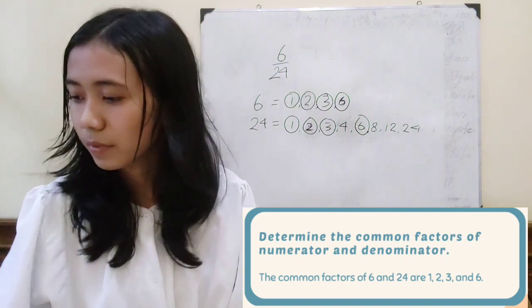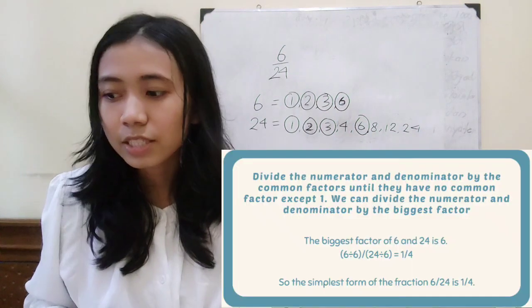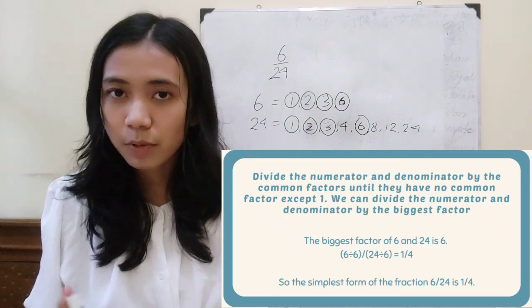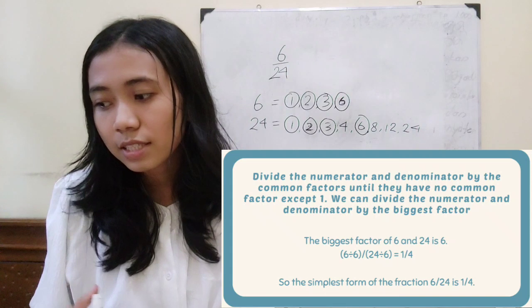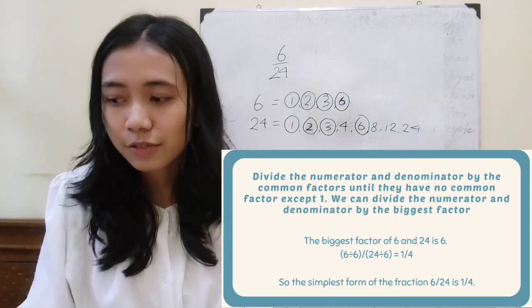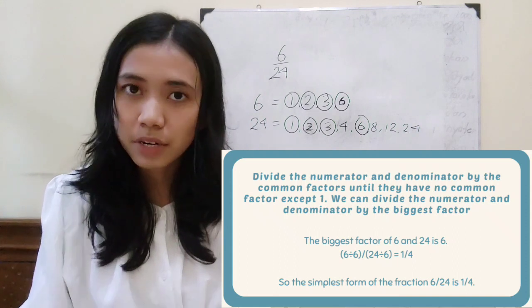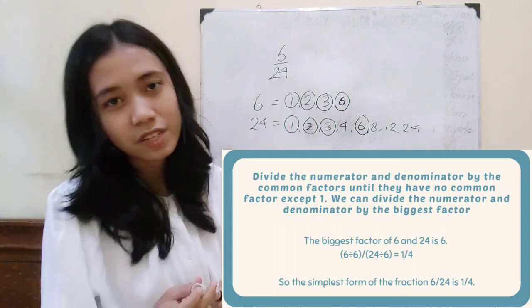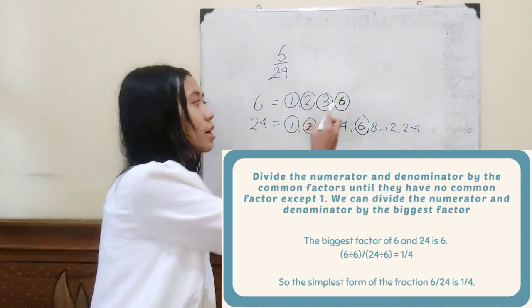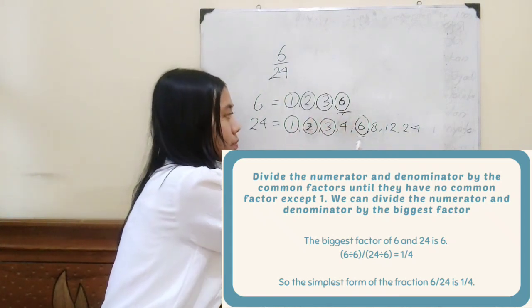The last step is to divide the numerator and denominator by the common factors until they have no common factors except 1. We can divide the numerator and denominator by the biggest factor. The biggest factor of 6 and 24 is 6.